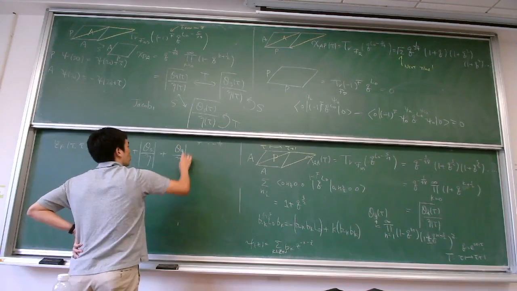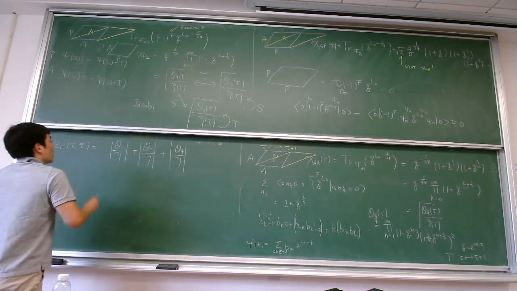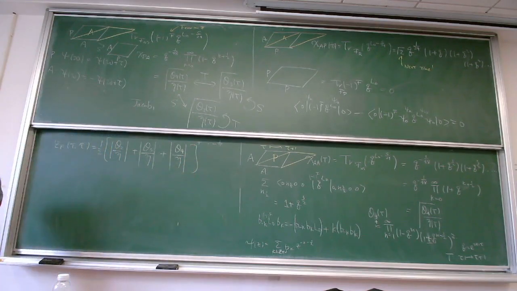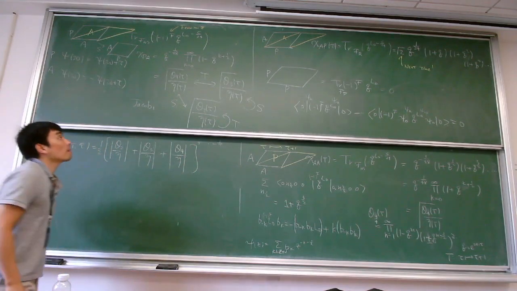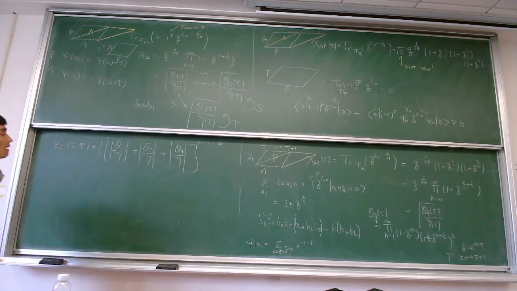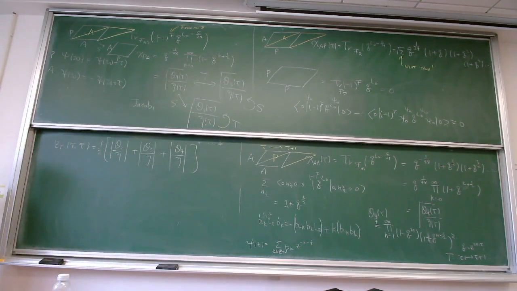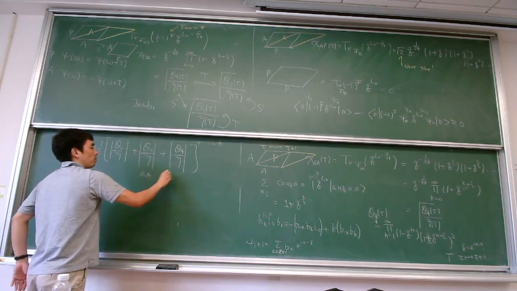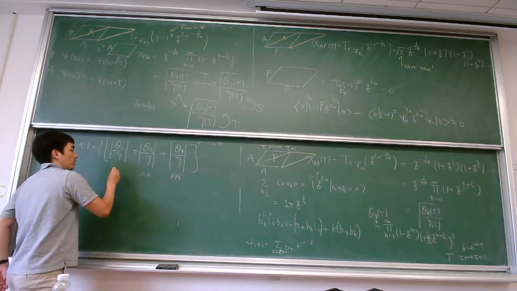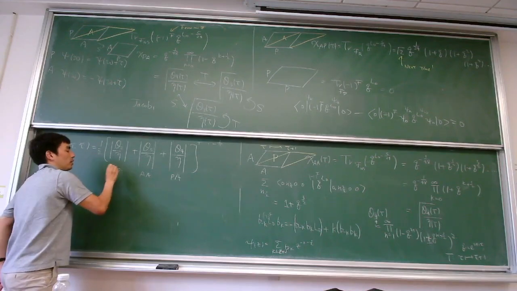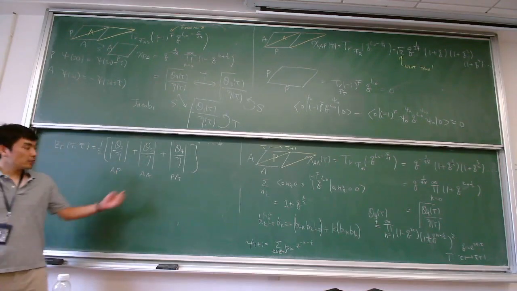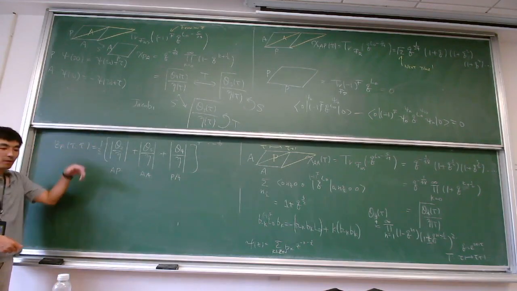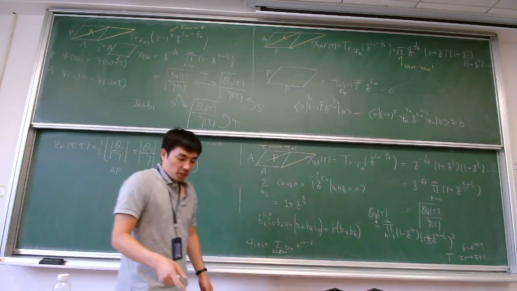And you have 1/2 due to the overcounting of the sector. This comes from AA, PA, and AP. Since you have two sectors, you have to divide by 2.